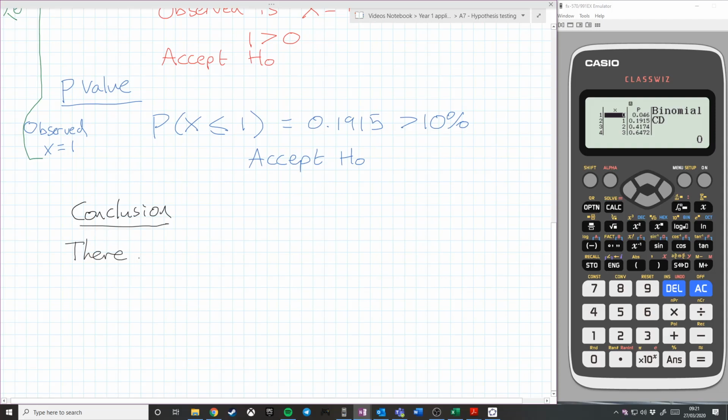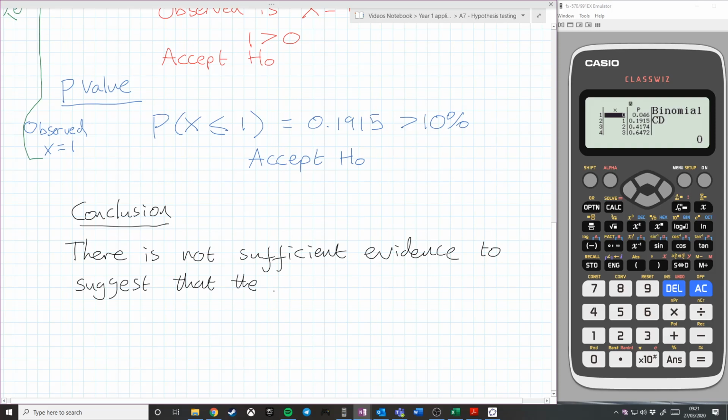There is not sufficient evidence to suggest, non-assertive language as I said before, that now in context, the number of faulty bags has reduced. You must always write it like this: there is or isn't sufficient evidence. We have not gone with H1, we are sticking with H0.